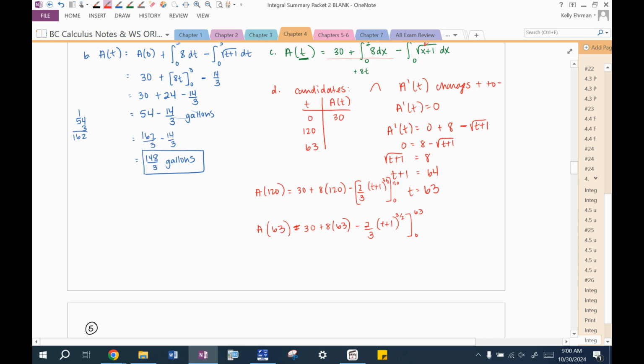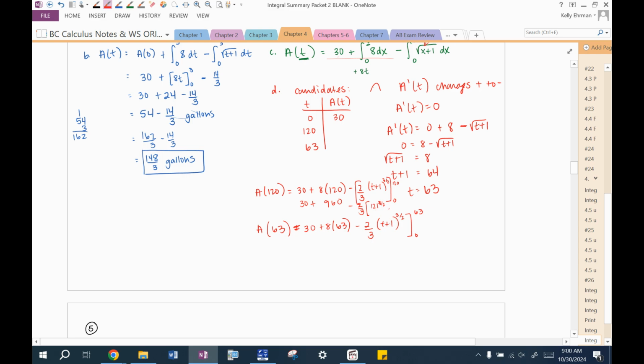All right, so do we really need to crunch these numbers, or could we think about this? Let's see. So if I'm plugging this in, 8 times 120 is a pretty big number, right? This is 30 plus 960 minus 2/3 times 121 to the 3 halves, which is like 11 to the 3rd power, right?